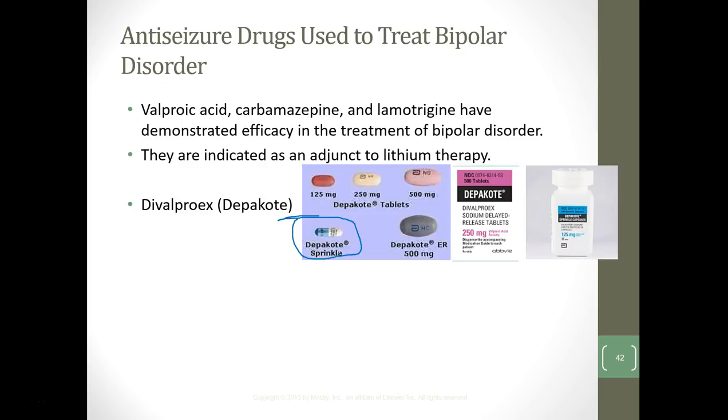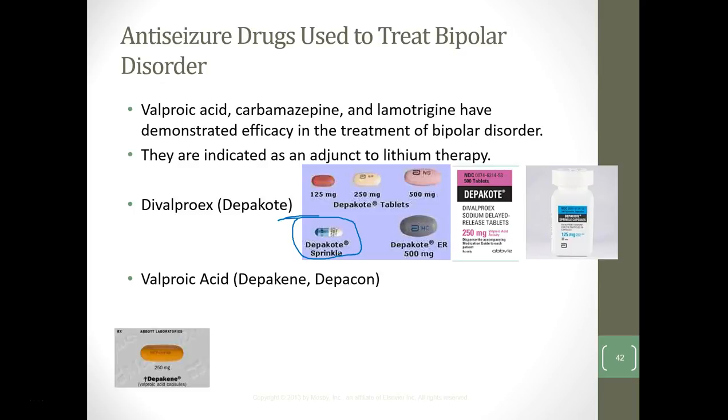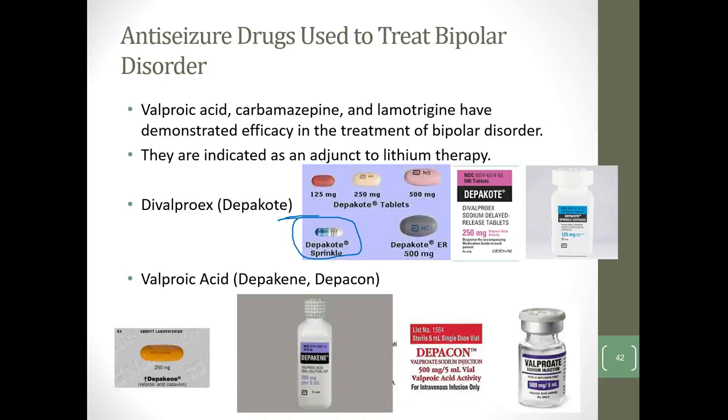Similar to this, but not listed on the chart, but talked about in the paragraph and on this slide, is valproic acid. So valproic acid is Depakene in its oral capsule formulation, or Depacon in its injectable form. So Depakene comes as a capsule, and it also comes as an oral solution, and then Depacon comes as an injection.